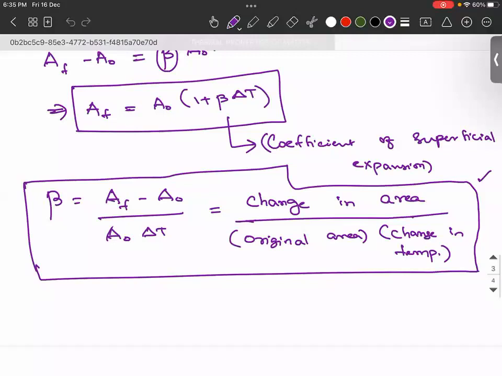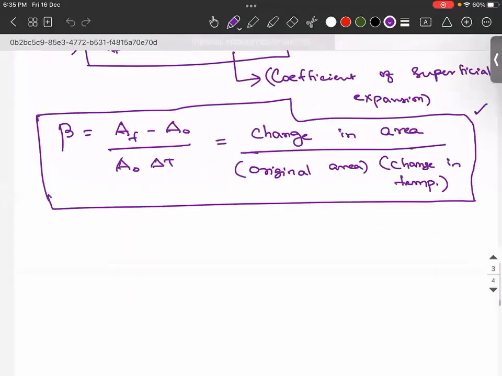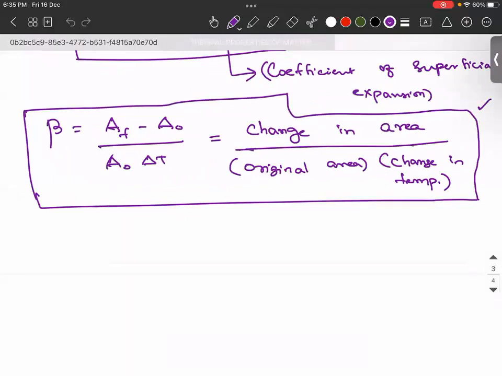So again, the value of beta will also be in terms of degree Celsius inverse or Kelvin inverse.